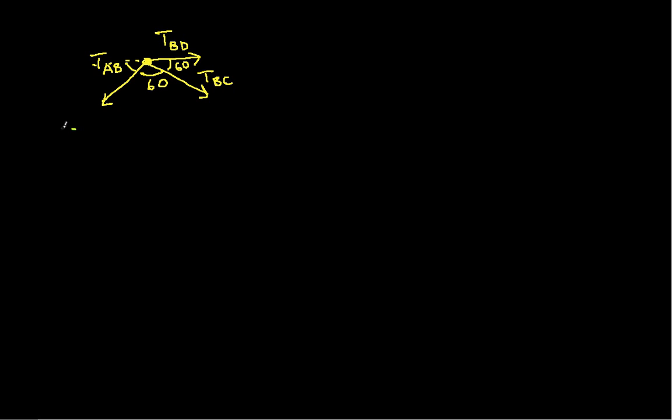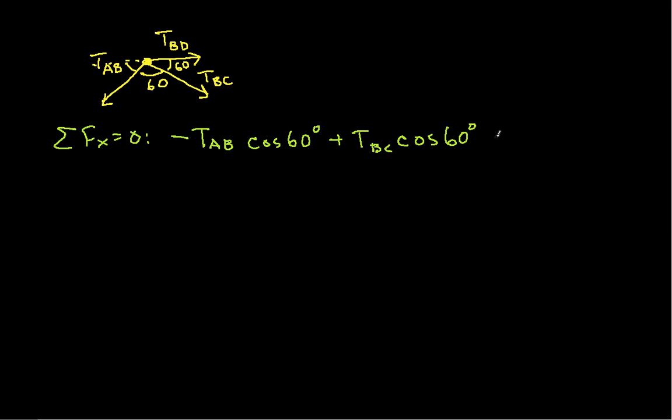Okay, so let's look at the sum of the forces in the x direction. We have minus TAB, because it's pointing to the left, cosine of 60 degrees, plus TBC cosine of 60 degrees, plus TBD, and this is equal to 0.